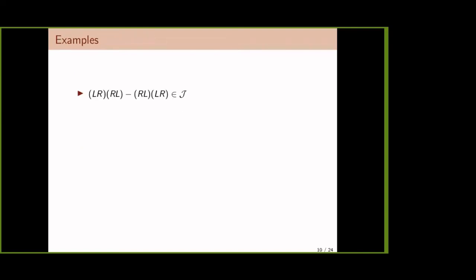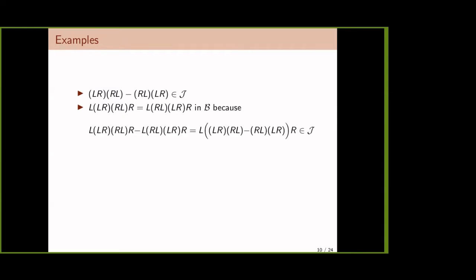Okay, and then let's do some examples. As we saw already, this LR minus RL is an element in this ideal J. And in the previous example we had, these 2 words are equal because I can write their difference as something times a generator of J times something.